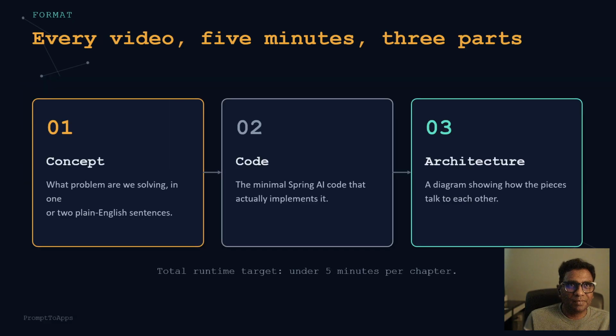I purposefully made this series as short videos, emphasizing the concept or problem. What is the problem we are trying to solve here? I'm not going to cover in depth the code, APIs, or functions, because nowadays large language models are going to generate the code for you. The important thing is that we understand the architecture, how these things interact with each other, and what protocols are involved.